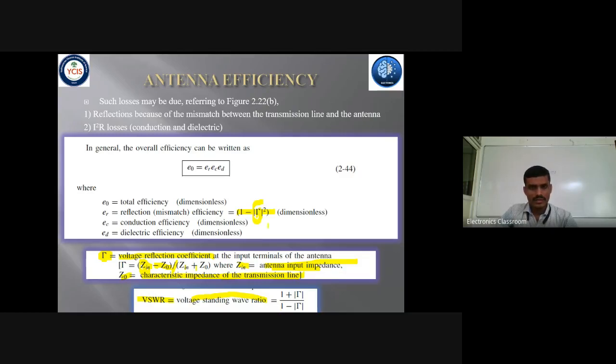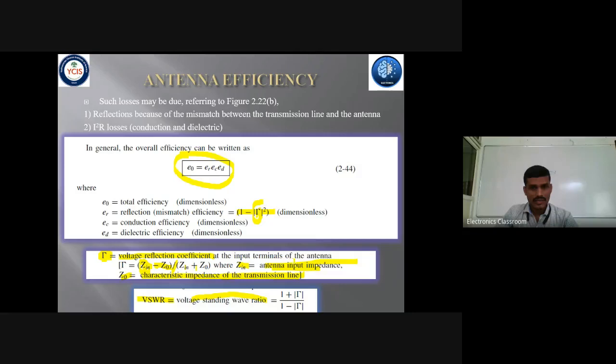At the initial condition, we had defined the equation for the overall efficiency of the antenna. Now, the overall efficiency of the antenna is the product of the reflection efficiency, conduction efficiency, and dielectric efficiency. Reflection efficiency is calculated by using the characteristic impedance of the transmission line and the input impedance of the antenna.